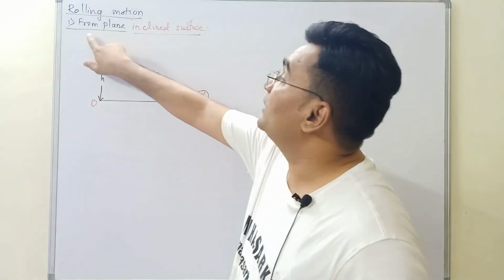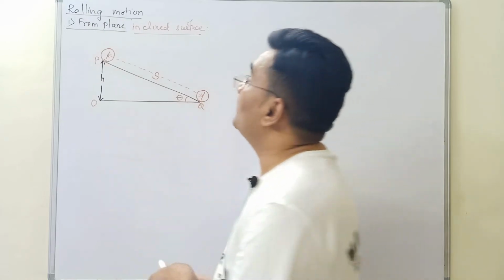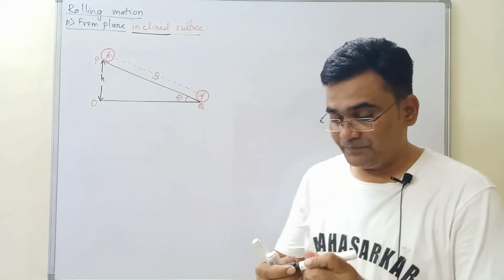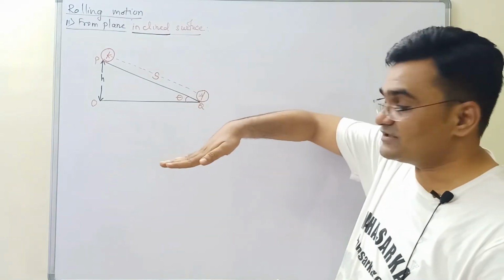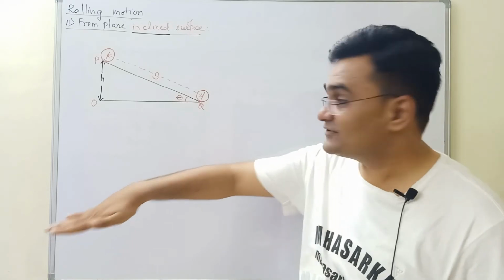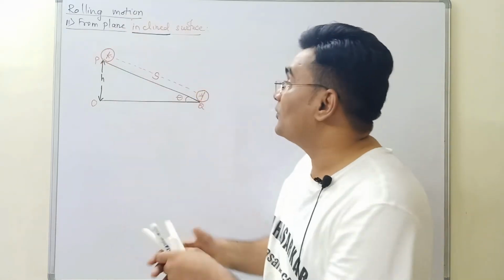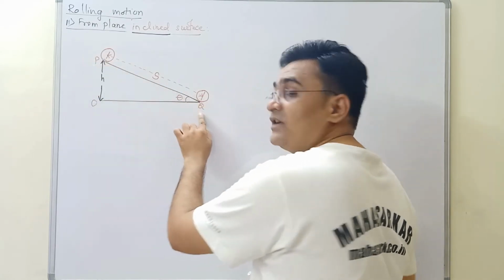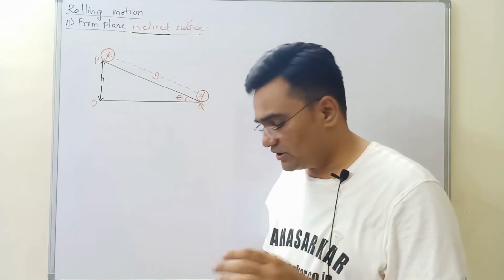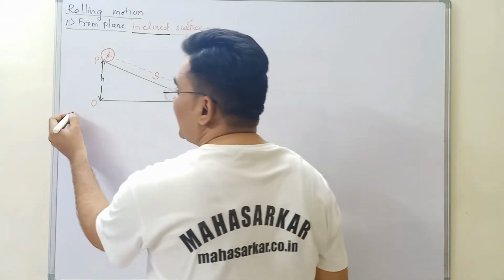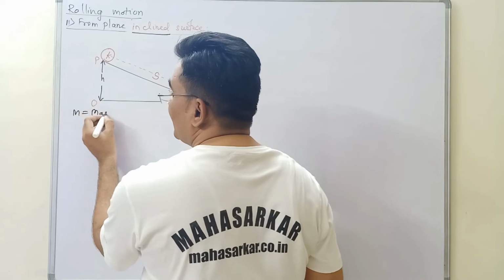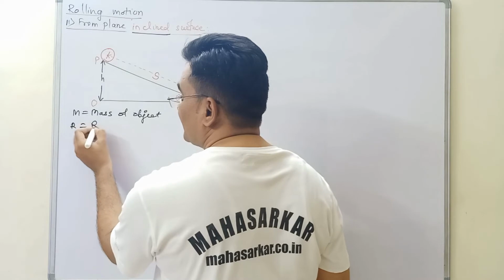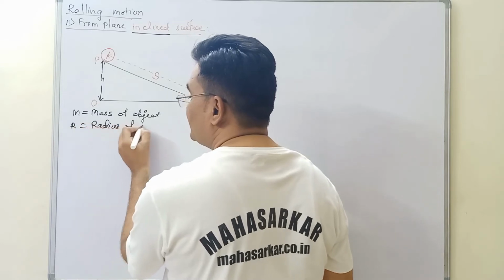Now we are going to learn rolling motion of the object from a plane but inclined surface. There is inclination, so like a slide, that type of inclination is there. Say the object is rolling down from height h to the ground, so from point P to point Q. Say it is a spherical object, cylindrical object, any object. So let's define a few parameters again. m is the mass of the object, r is its radius, radius of the object.